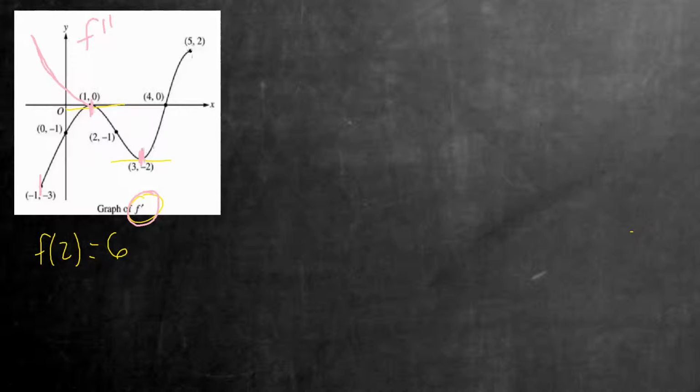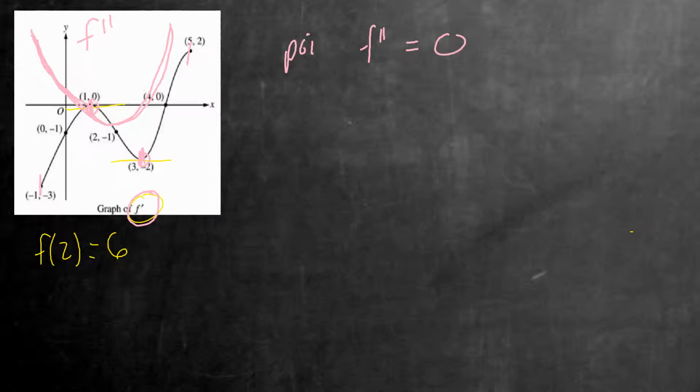And then it's increasing from here to here. F double prime should look something like that. Makes sense. If f prime has 2 humps, f double prime should have the 1 hump. So points of inflection happen when f double prime equals 0, and it goes from positive to negative.